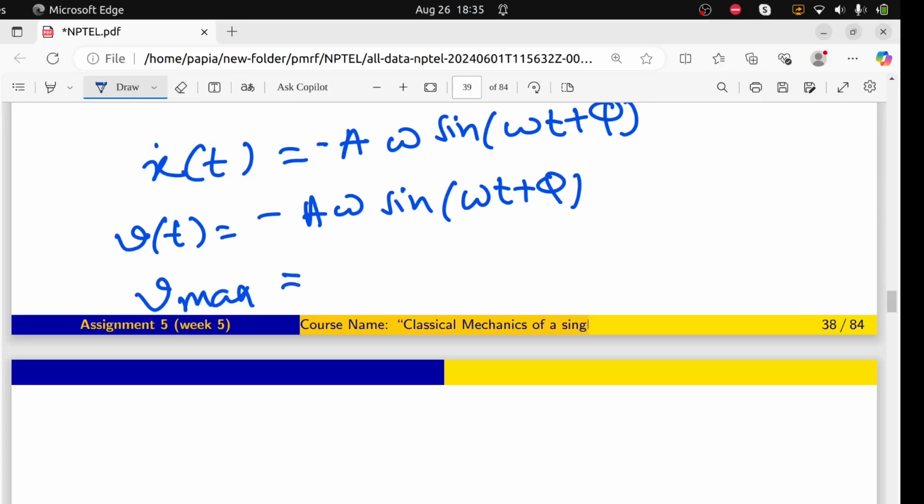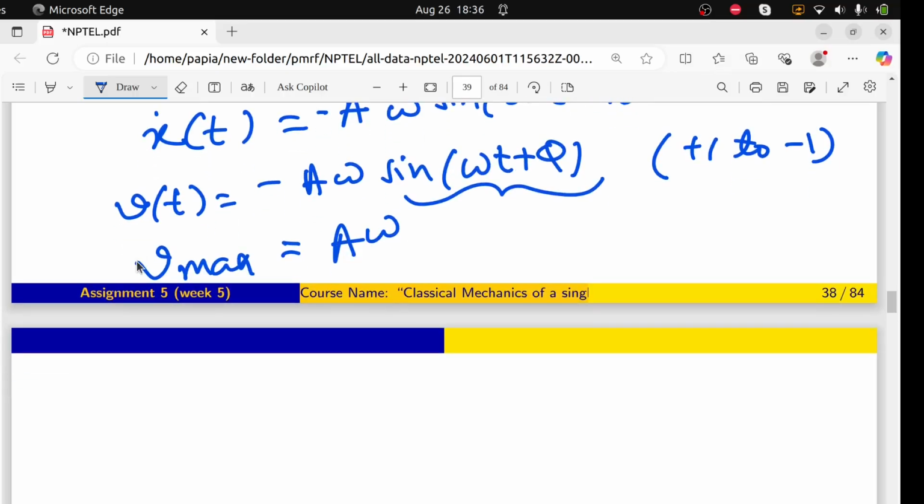So this whole should be maximum, means the sine has the maximum value as plus 1 or minus 1, plus 1 to minus 1. So if I write here plus 1, then it will give a minus sign. So that means we need the minus 1 here. So minus 1 sine, if sine of omega t plus phi I take minus 1, then it will come as A omega simply. So this is the Vmax value.